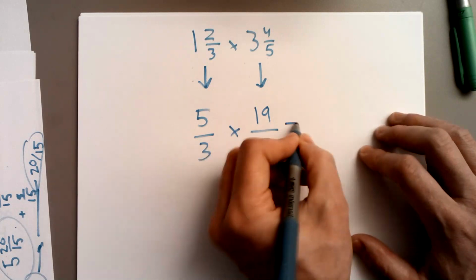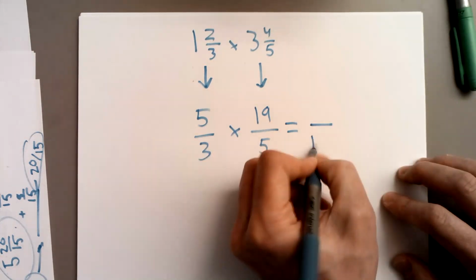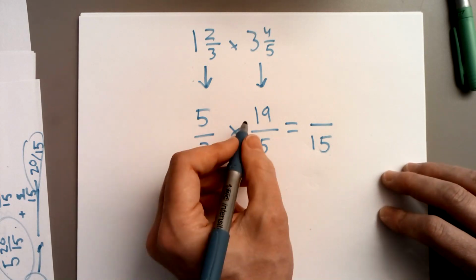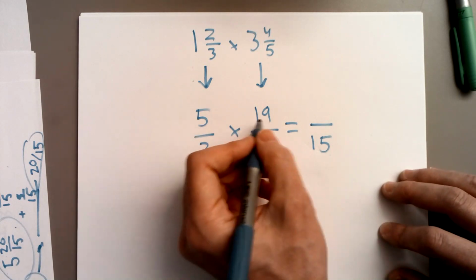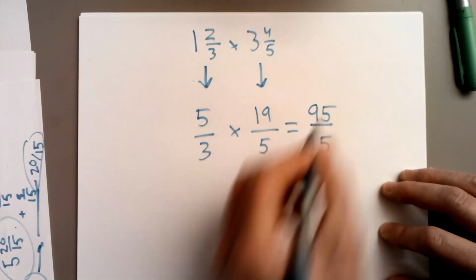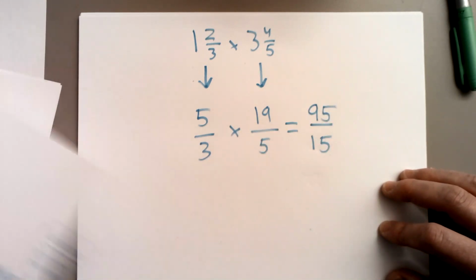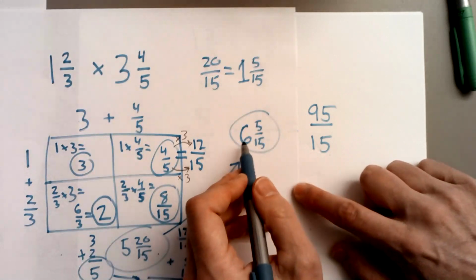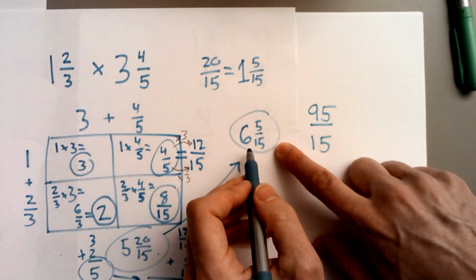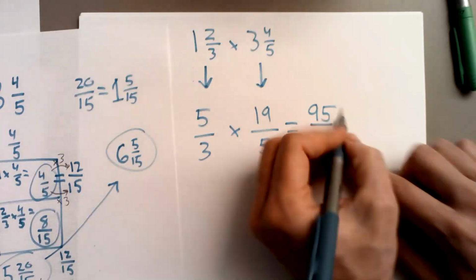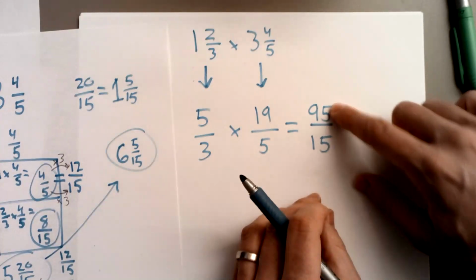Then I just multiply them. 3 times 5 is 15. 5 times 19. I know 5 times 20 is 100. So 5 times 19, that would be 5 less than 100. So 95/15. Whew, well, 95/15 and 6 and 5/15, they must be equivalent, right? Let's see. How many 15s fit in 95?